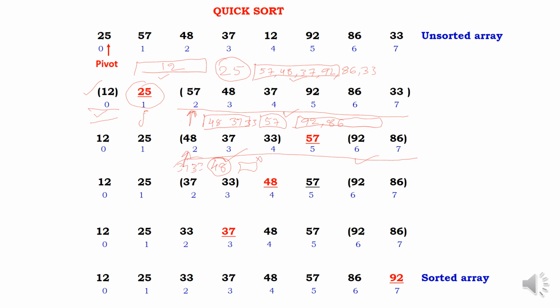Left side there are two elements, 37 and 33, then 48. Then again we perform the same quicksort method on this partition.